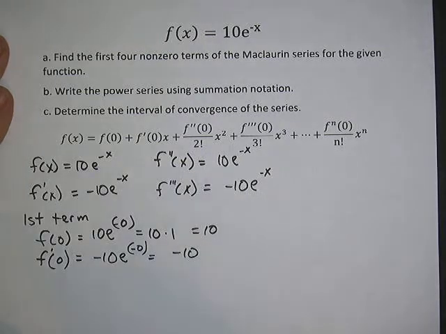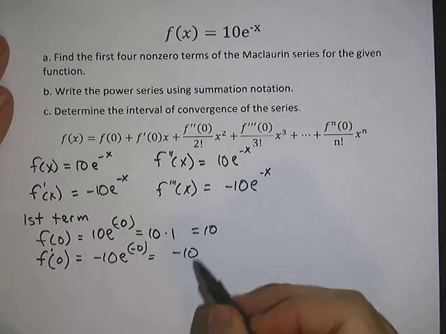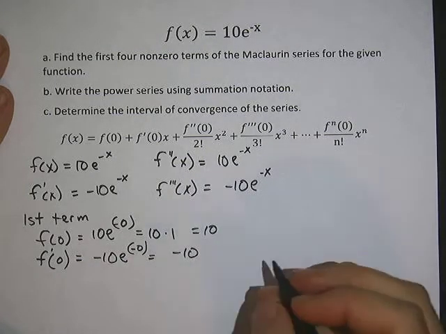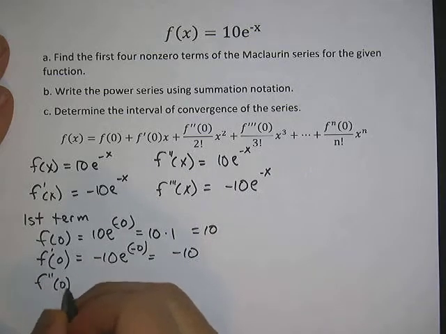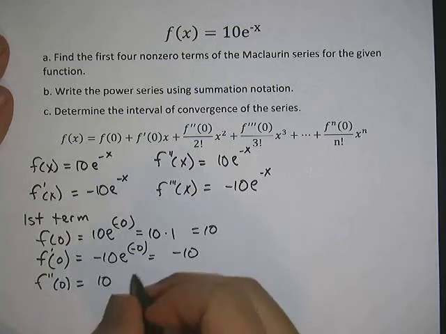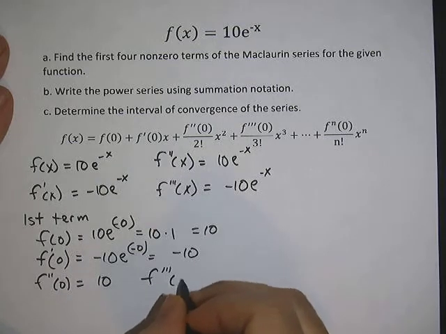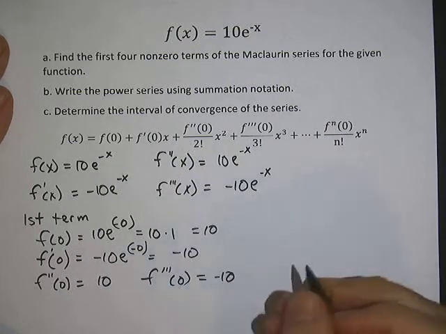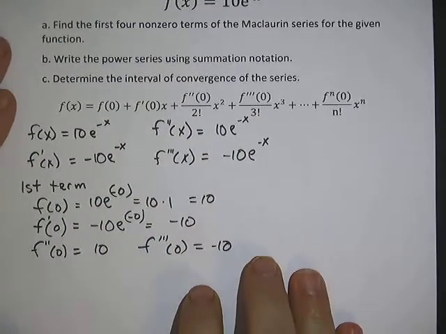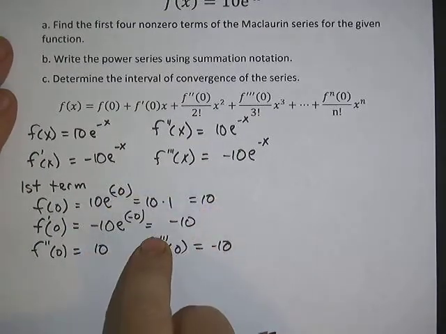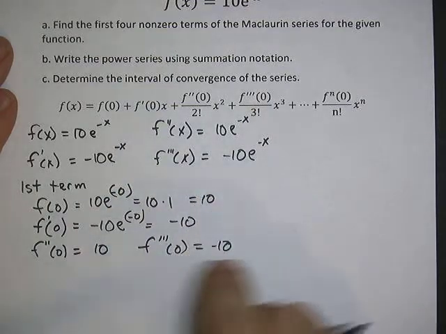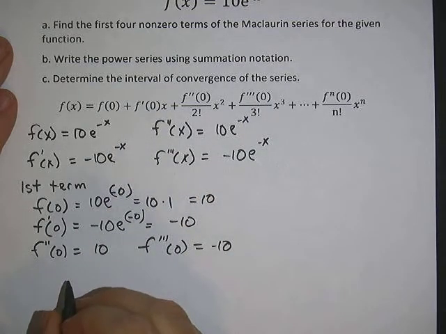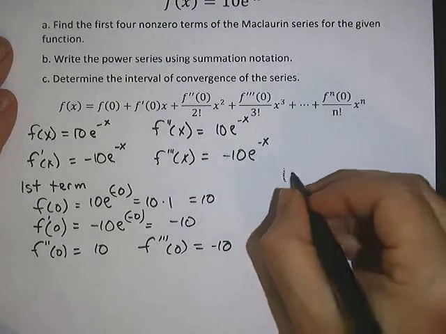You can see that it's just going to go back and forth between 10 and negative 10 when we plug in a 0. So f double prime of 0 is 10, and f triple prime of 0 is negative 10. So we can write the first few terms, and it looks like all four of them are non-zero: 10, negative 10, 10, negative 10.